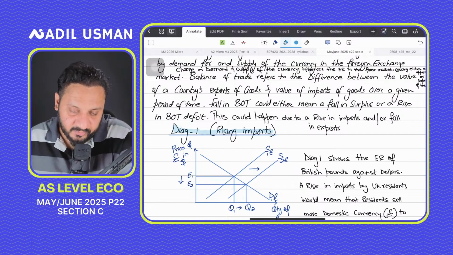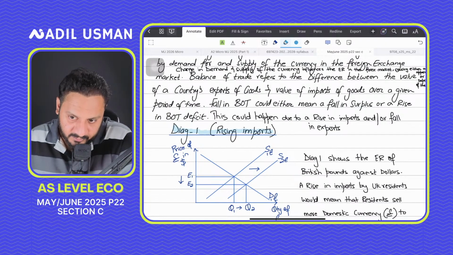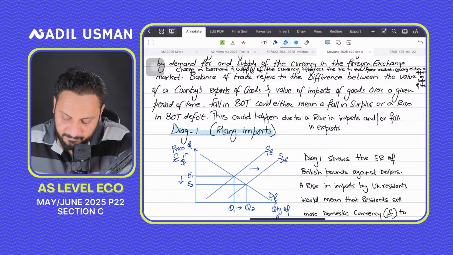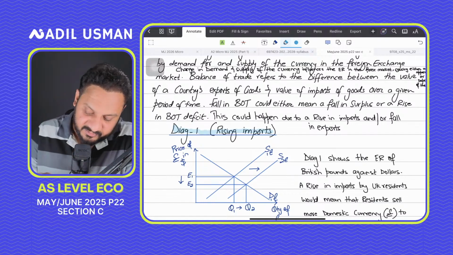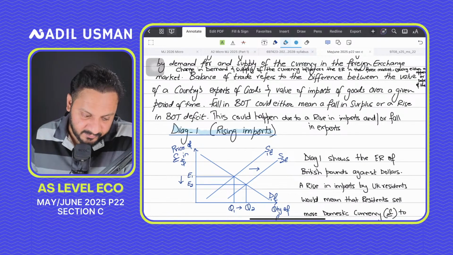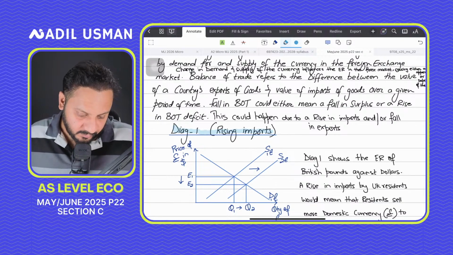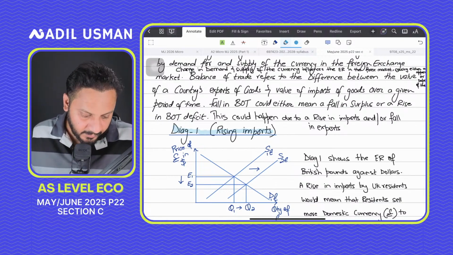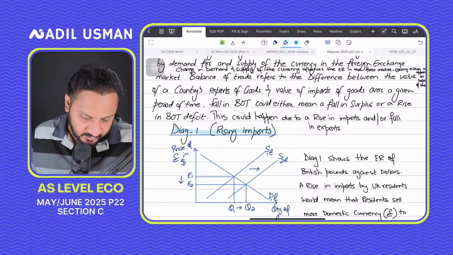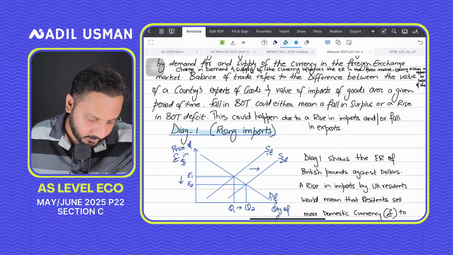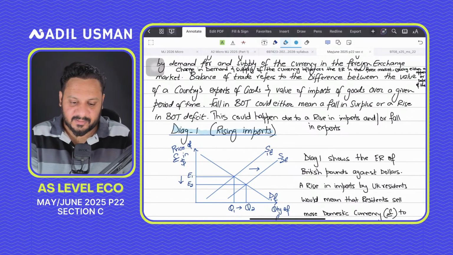This could happen because your exports are falling, and because your exports are falling, the demand for the currency will fall, obviously. Because the foreign residents will obviously buy fewer domestic goods from the UK, and as a result of this, the demand for your pounds will go down. That's what you had to explain.